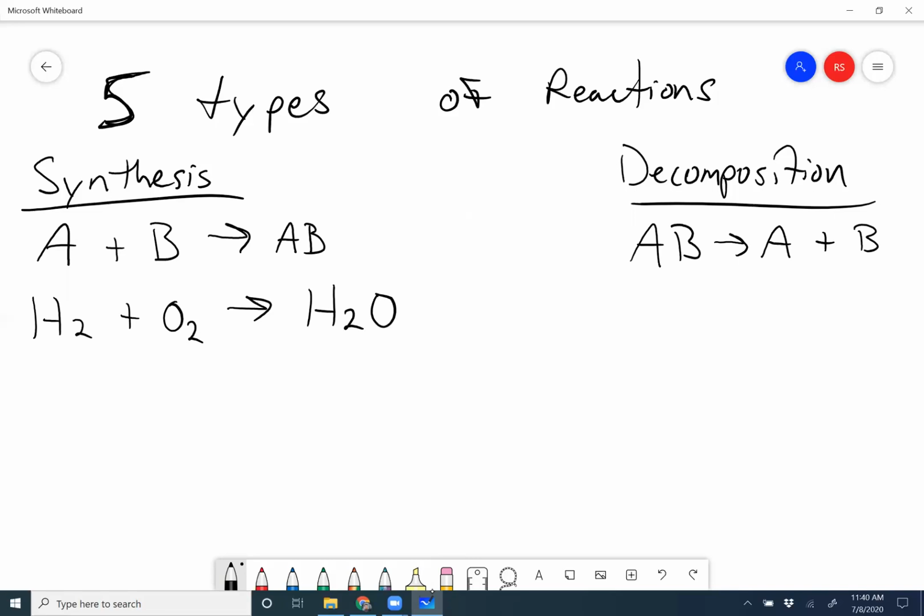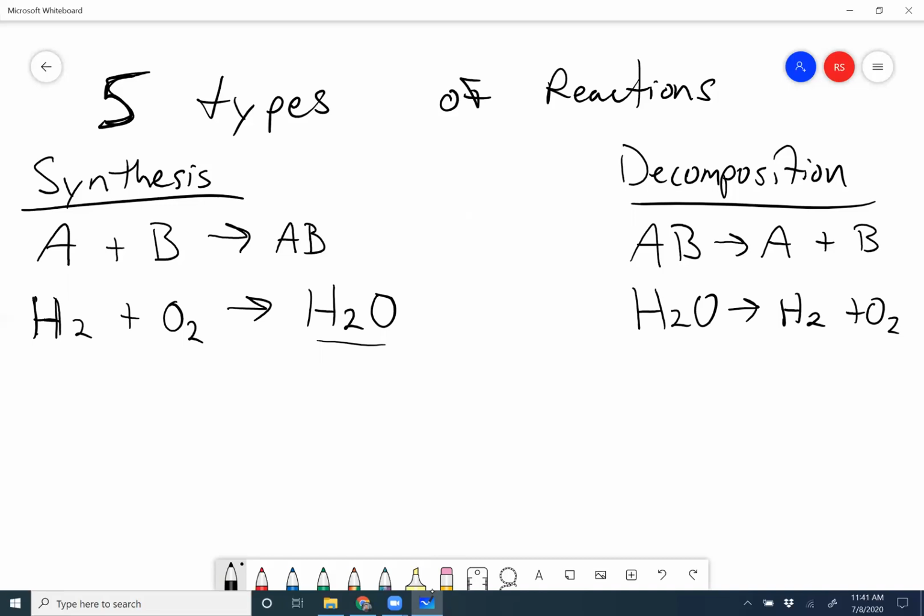Because what we have here is 2 elements, and they are coming together to make one product, water. If we go over here, we can have the decomposition of water, where we take the water and we split it up. This is called electrolysis.